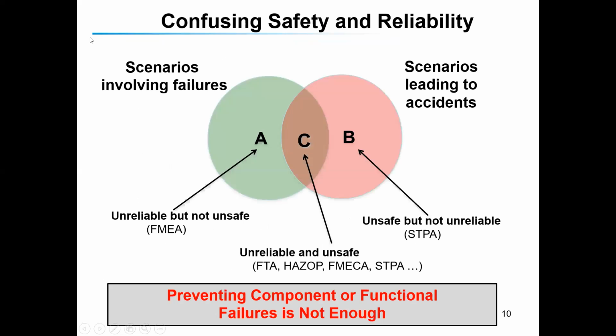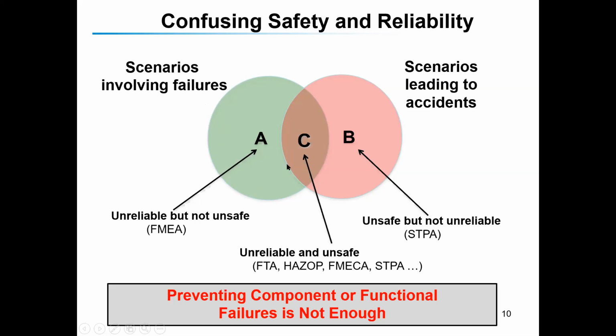So there is a big problem with confusing safety and reliability. In the green circle, we see the scenarios involving failures. In the pink circle are the scenarios leading to accidents. Now, in area A, the system is unreliable, but not unsafe, and FMEA can handle that.